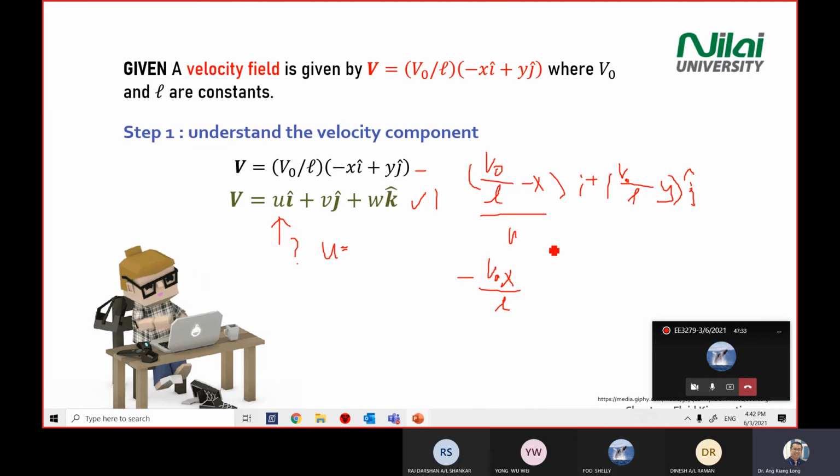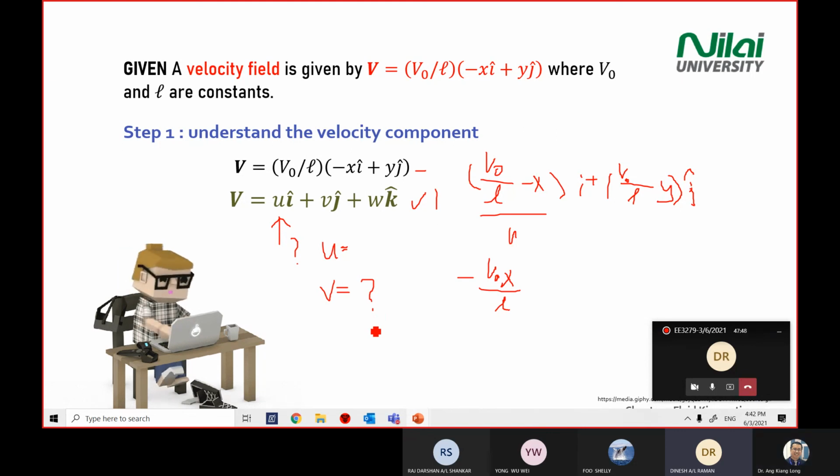Dinesh, do you get it? Yes, sir. Okay, then now you tell me, what is the v value? What is v? You say you understand, right? Prove that you understand.